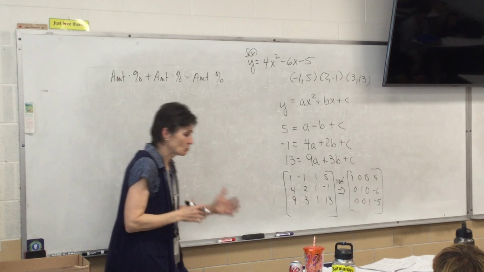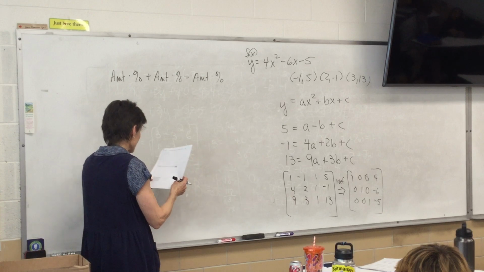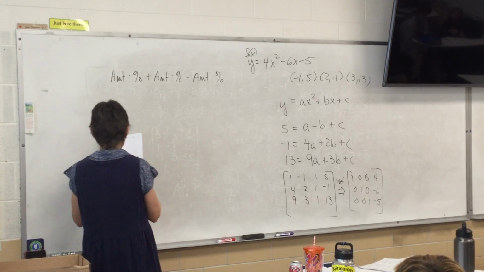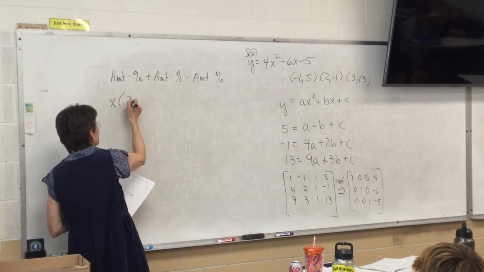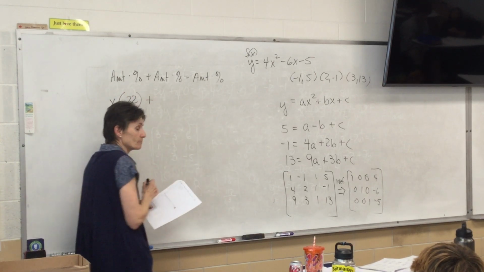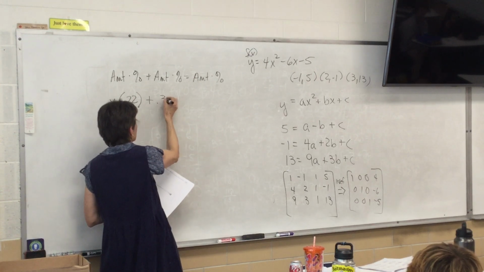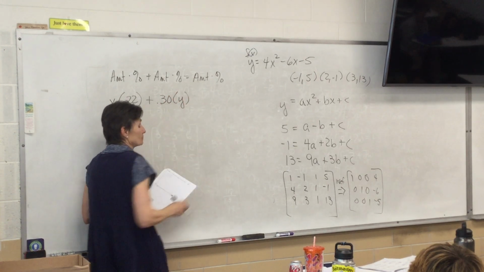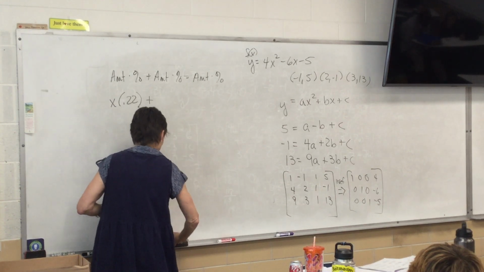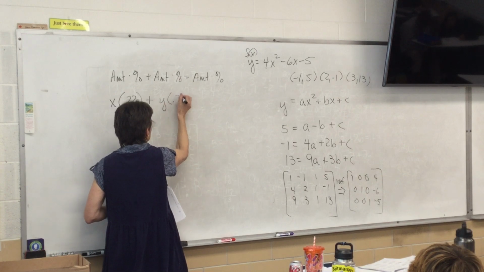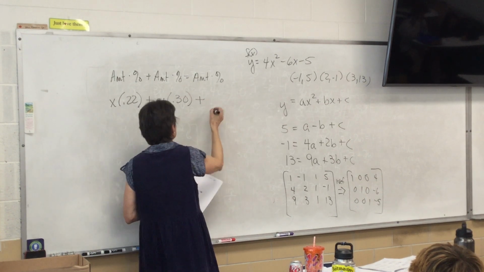Okay, let's look at this situation. We can do the same thing, but it's gonna be a lot bigger. Because now I have, okay, one that's 22%. So, x times 22%. I have another one that's 30%. And another one that is 42%.